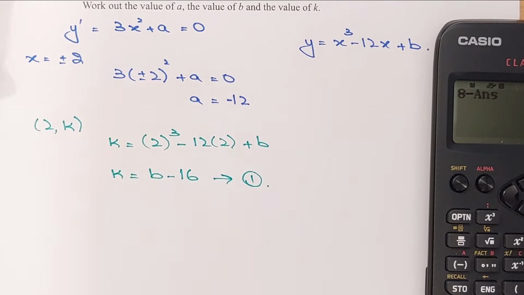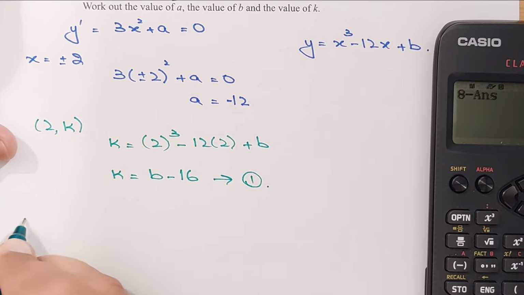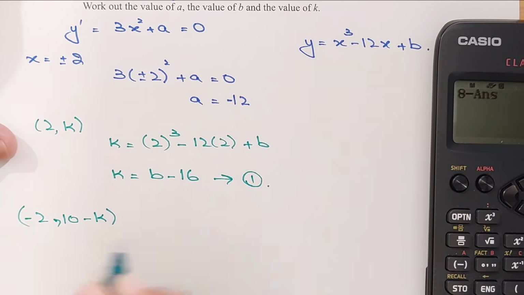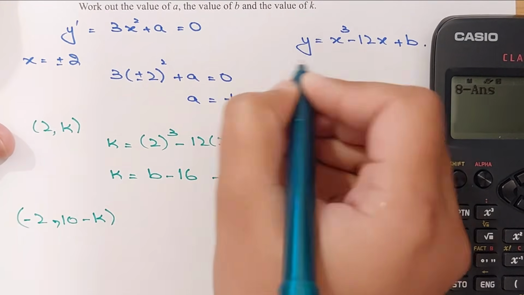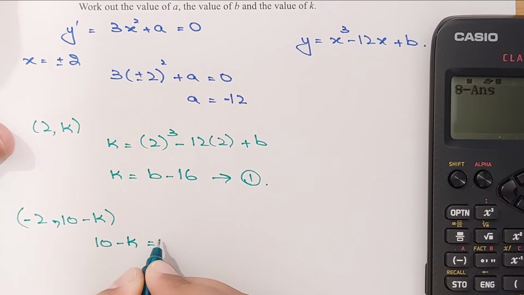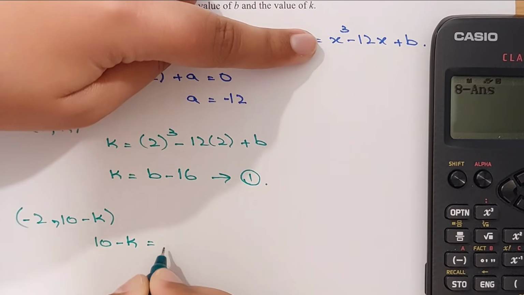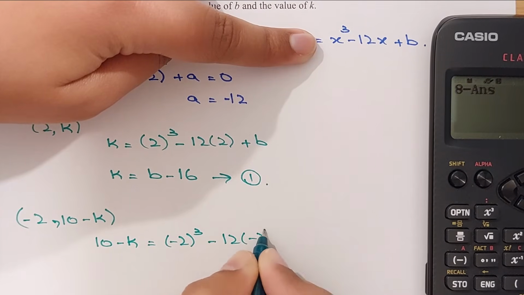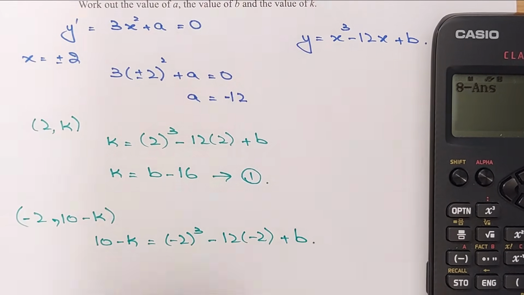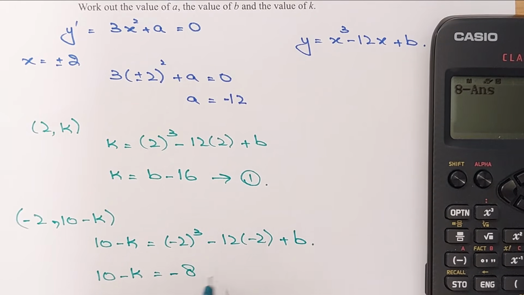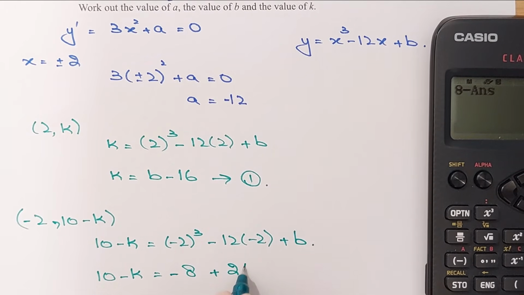Let me put the second point. The second point is minus 2 and 10 minus k. So in the equation, y is 10 minus k equals, x value is minus 2, so minus 2 whole cube minus 12 times minus 2 plus b. Right. So here we have 10 minus k equals minus 8 plus 2 times 12 is 24 plus b.